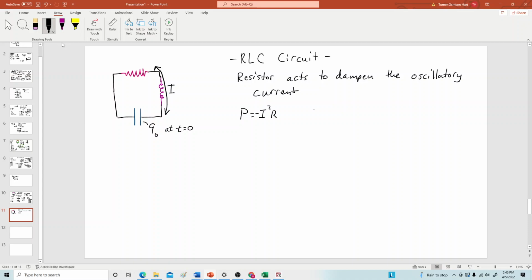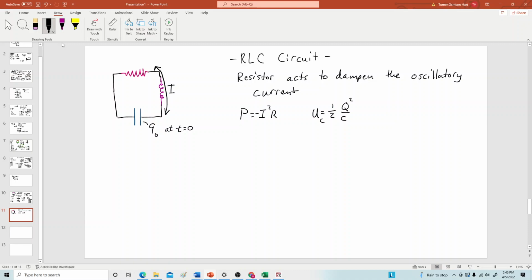The energy in a capacitor, if you'll recall, is going to be 1/2 Q squared over C. We've seen that before.